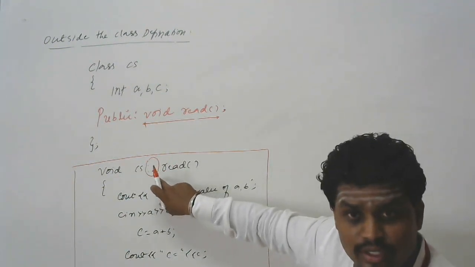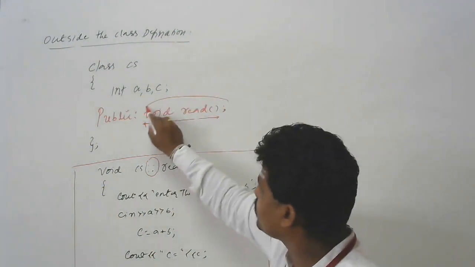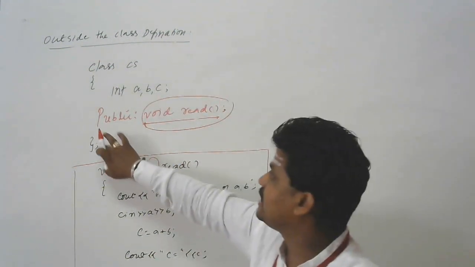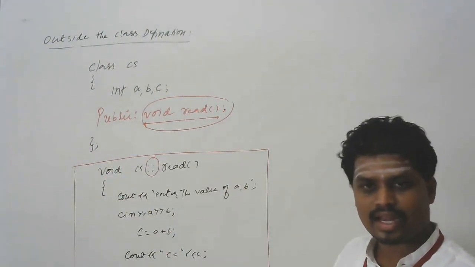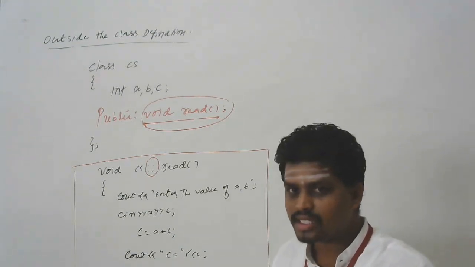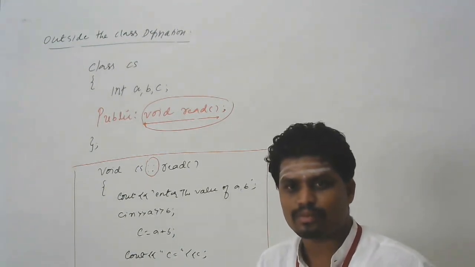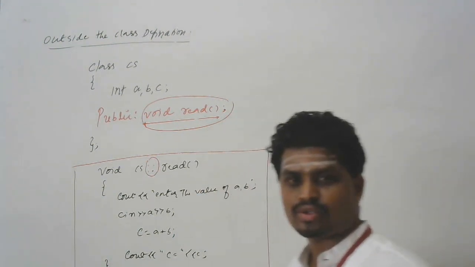Before calling a function outside the class, you are supposed to declare the name of the function inside the class first, then only can we call it outside the class. Now this is outside the class definition, but still it is not executed. For execution, what are you supposed to do?